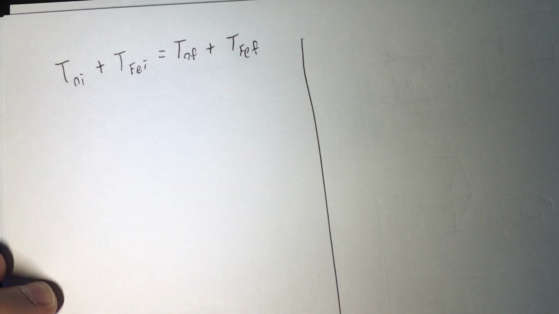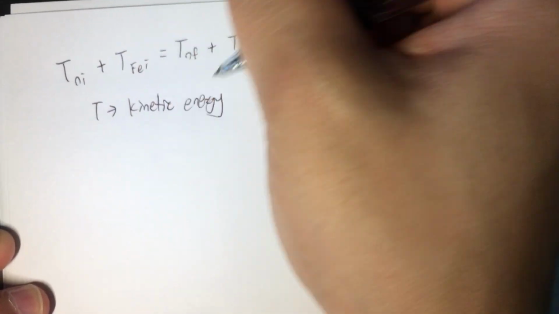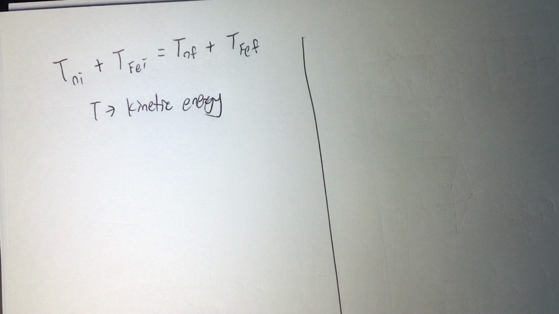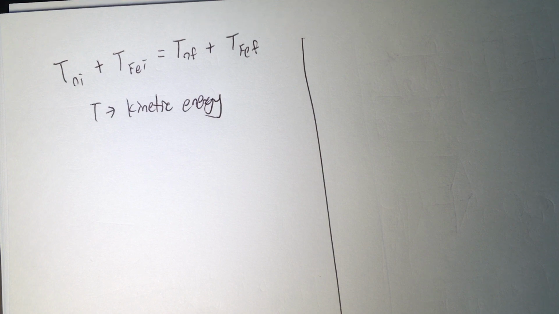So T represents kinetic energy. And you can also think of it as temperature, because kinetic energy on a subatomic level correlates very closely with temperature.